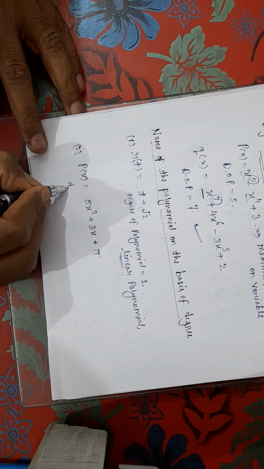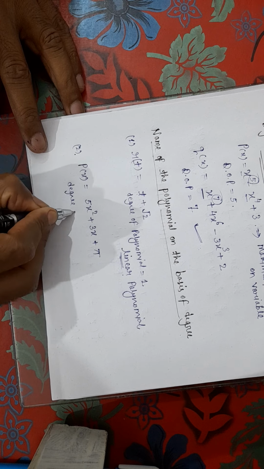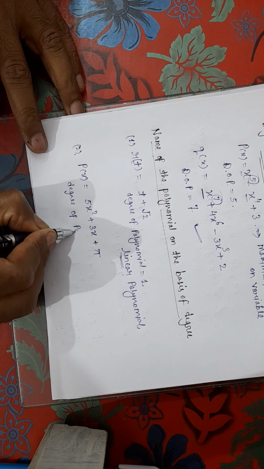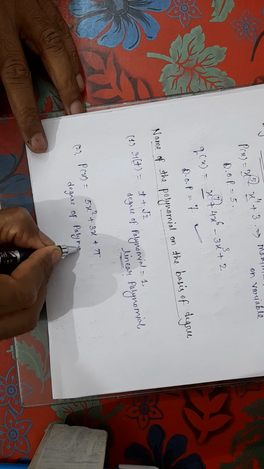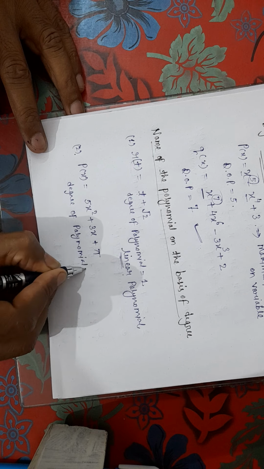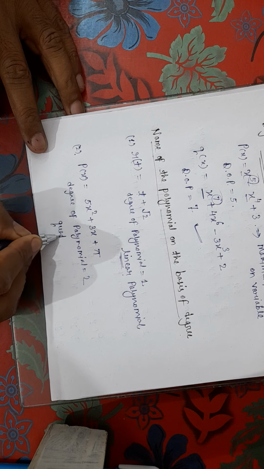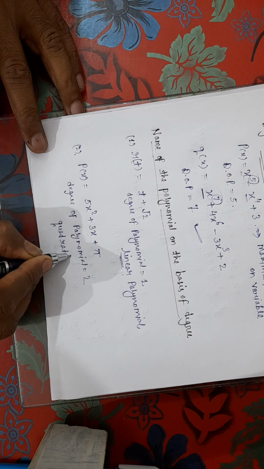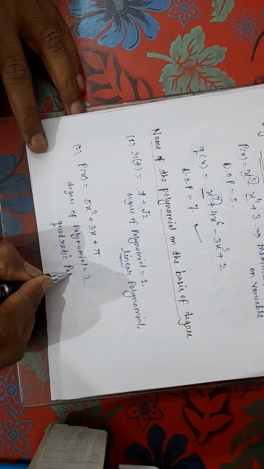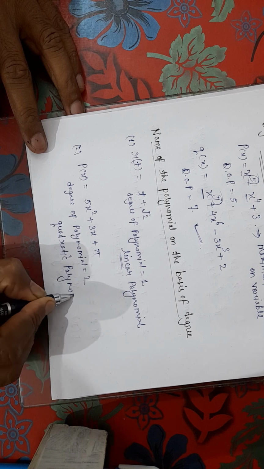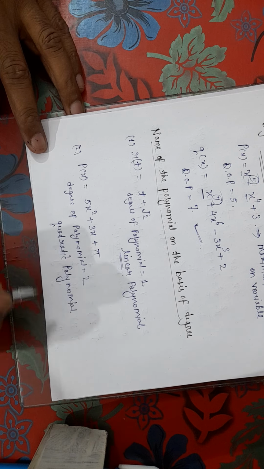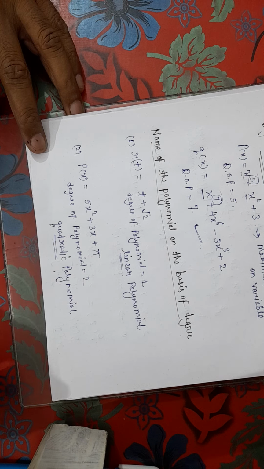So here degree of polynomial is how much? Degree of polynomial is 2. So this is known as a quadratic polynomial. Okay, this is known as a quadratic polynomial.